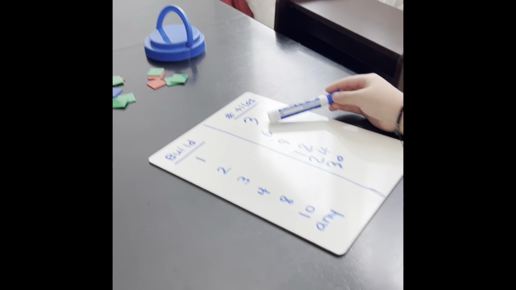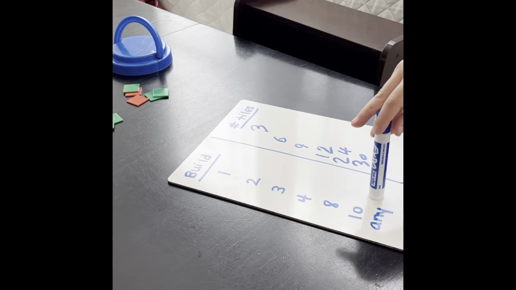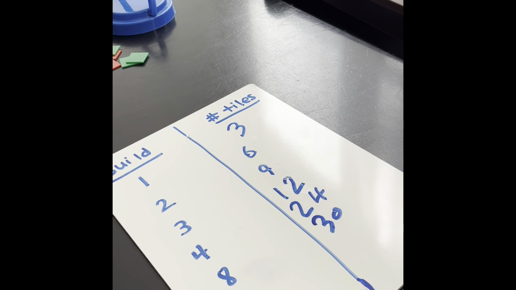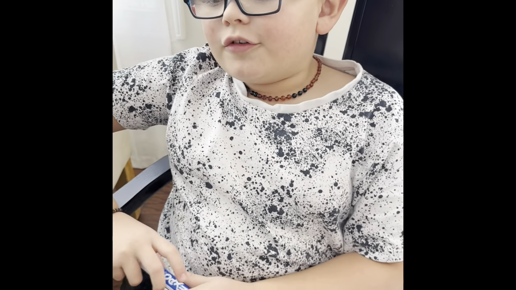No matter what, you do that number 3 times. Which number? The build number. So if we had to explain the rule, whatever the number build is, what do we have to do to it?